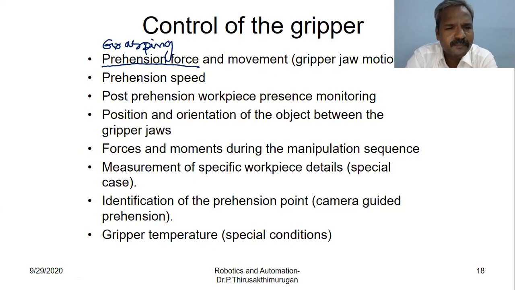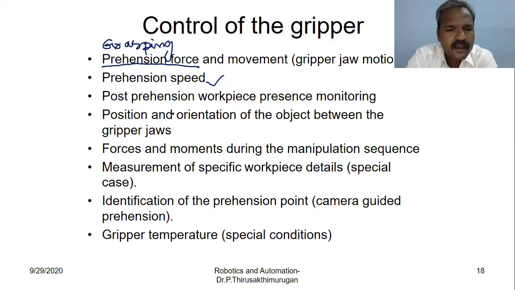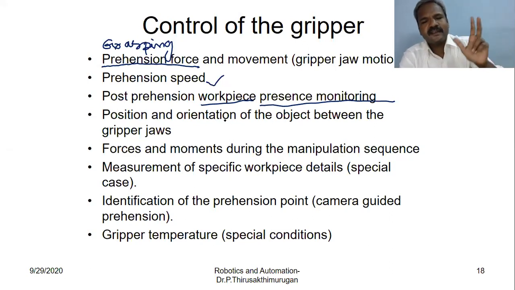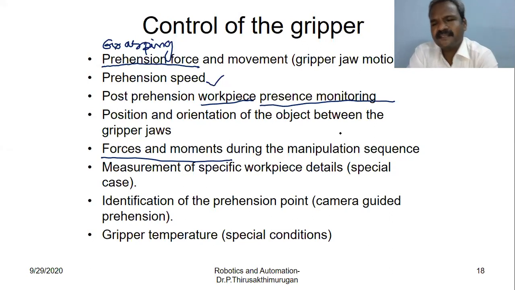Then the prehension speed, and post prehension, which is after releasing the object. Post prehension includes workpiece presence monitoring, the position and orientation of the object between the gripper jaws, then forces and movements during the manipulation sequence. Movement means force into distance.